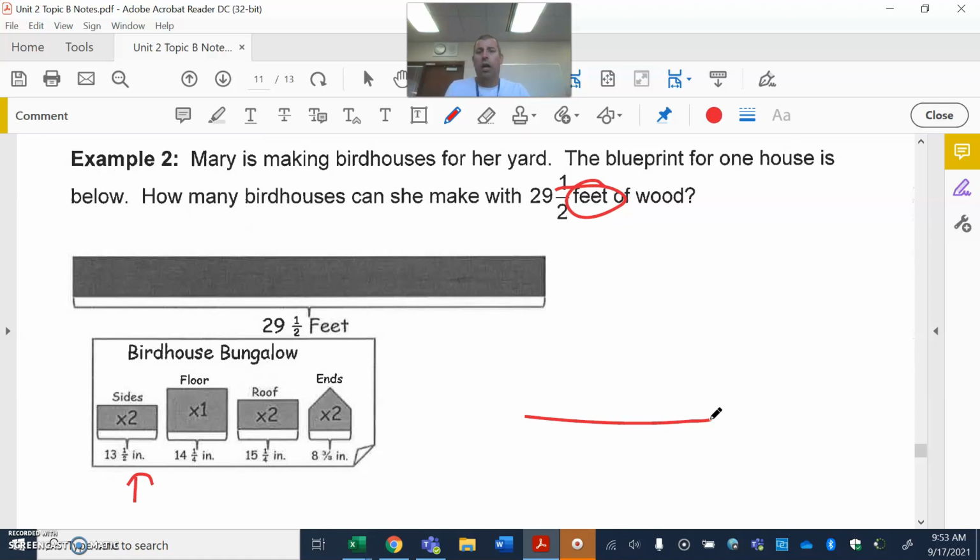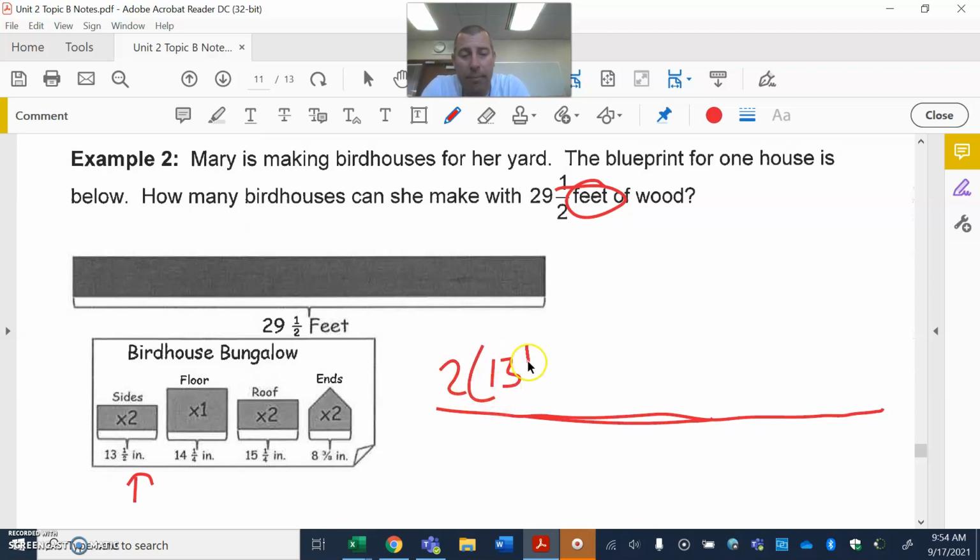So 29.5 feet is what we've got in all. And down below here in this birdhouse bungalow tells me the pieces that we need. So we do need 2 of them of that 13.5 inches. Well, again, instead of writing out that repeat addition, I'm going to encourage you to do some of that multiplication there.